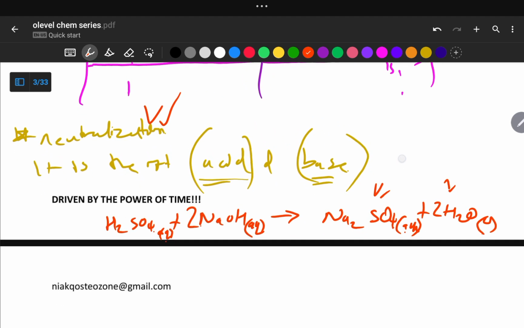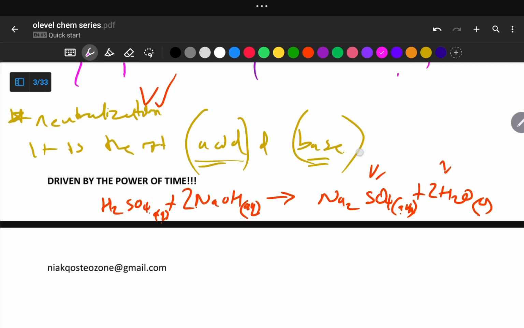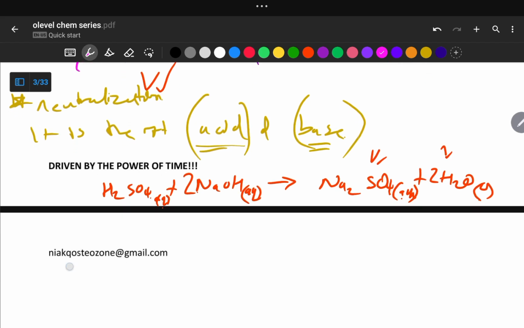And then for us to deduce the ionic equation, we can use spectator ions. Spectator ions are defined as ions which are present in the reaction medium, but are not taking part in the chemical reaction.